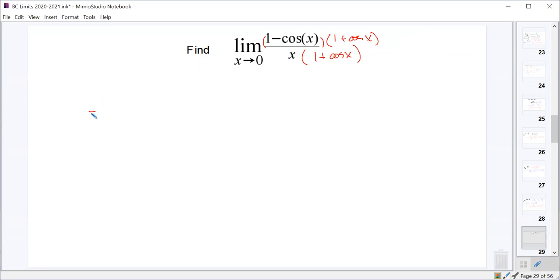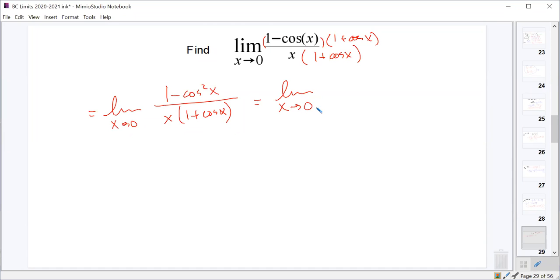Numerator becomes 1 minus cosine squared x. Denominator we'll leave as is. And using our nice, simple, easy Pythagorean trig identities, 1 minus cosine squared x should become, don't all say it at once, sine squared x. Right? So we got sine squared x over x times 1 plus cosine x.